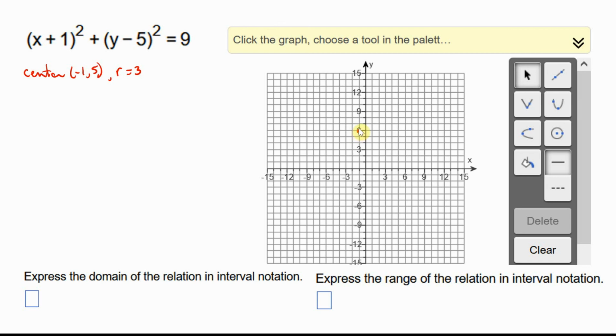Looks like the center is there. You're going to pick this point here for the circle. And then I'm going to go up 1, 2, 3, the radius, if you will. Go down from there, 1, 2, 3, here 1, 2, 3, there 1, 2, 3.